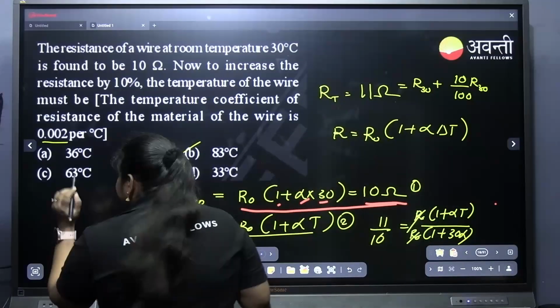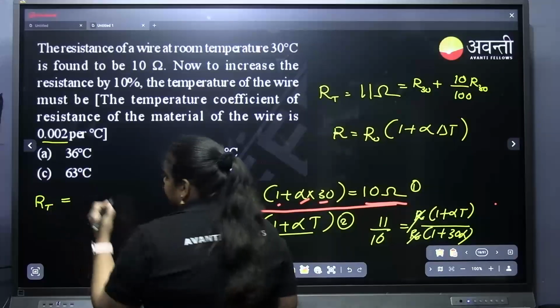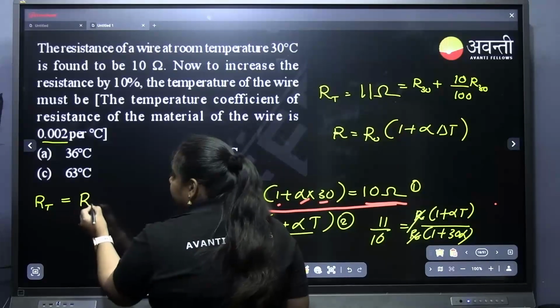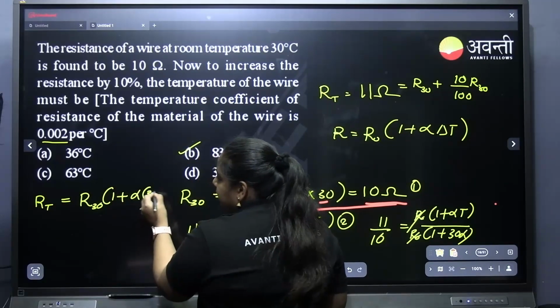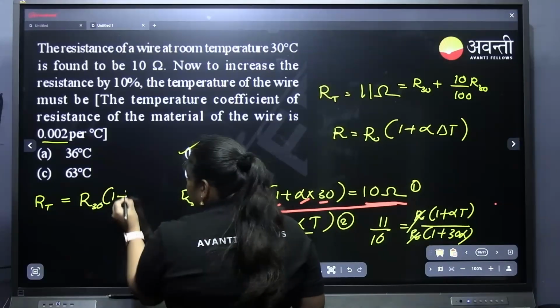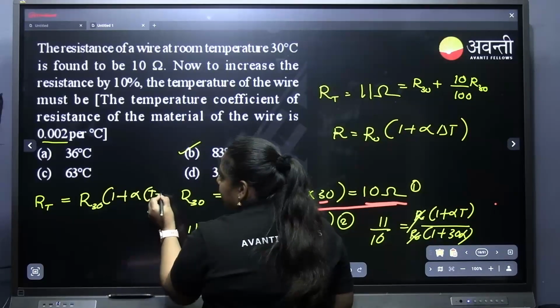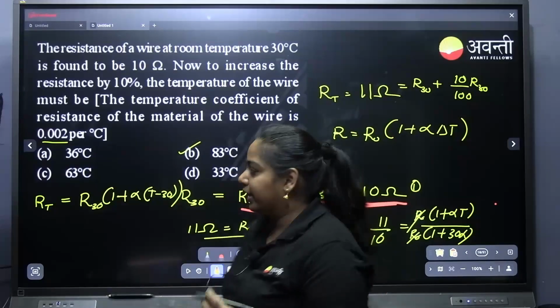That is, we assume that R at T, which we have to find, is equal to R30 into 1 plus alpha (T minus 30). We will calculate by taking 30 as the base.